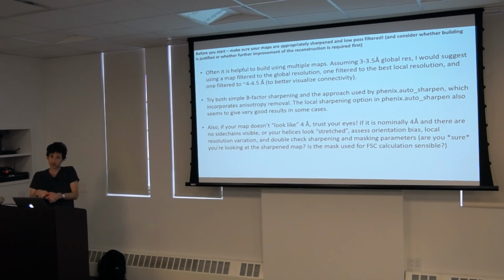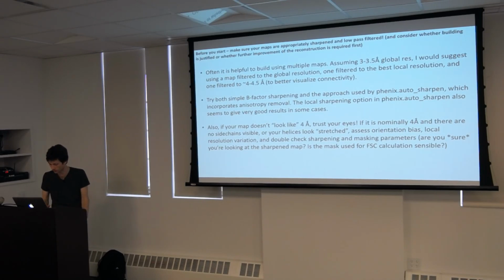But if you're trying to build an atomic model de novo and you can't see enough side chains to unambiguously assign the sequence, you're going to need to go back and either improve the processing of your data set to obtain a better map, or obtain a better map in that region, for example using a local refinement approach, a focused refinement approach, or collect more data.